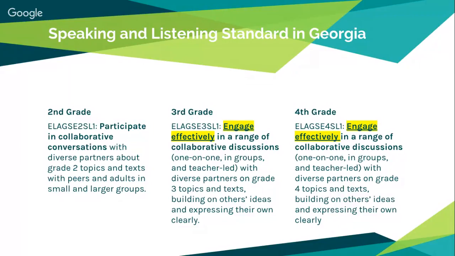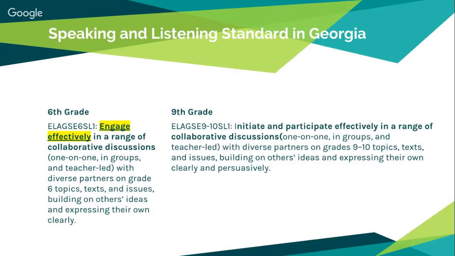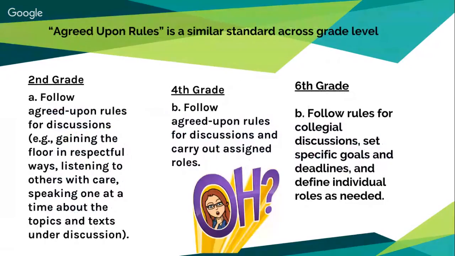And they all talk about that students need to engage effectively in a range of collaborative discussions. And if you look, even in 6th grade, all the way to high school. Not only that, right here, there's an element that students need to follow agreed upon rules for discussion. And this is across grade levels.